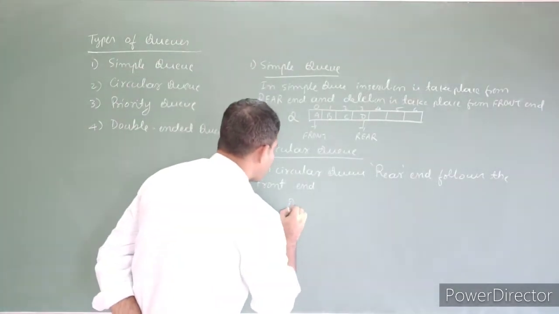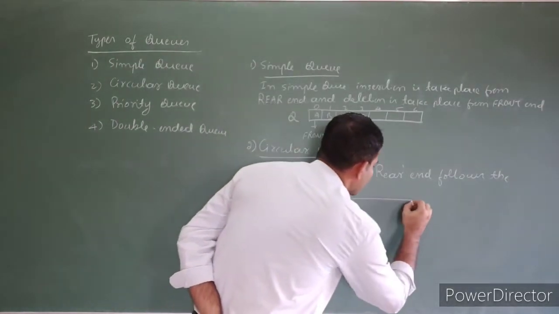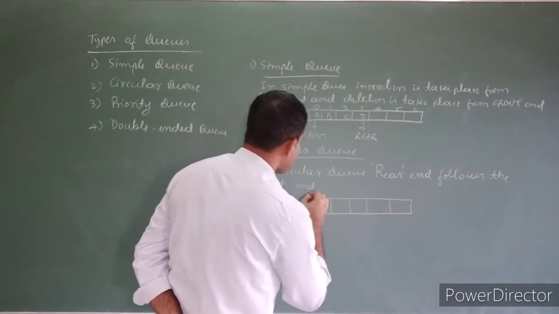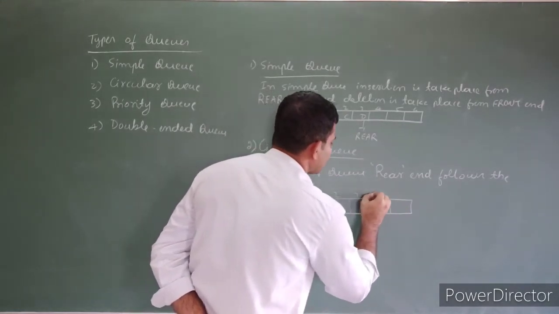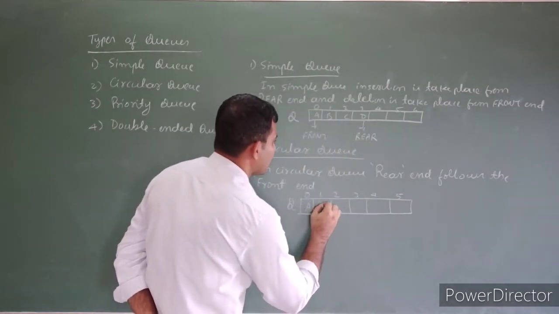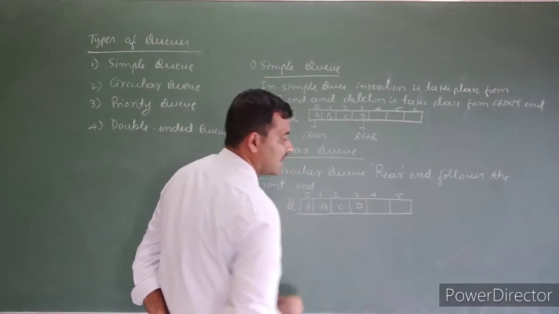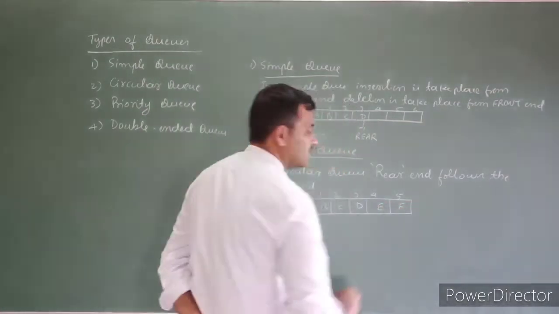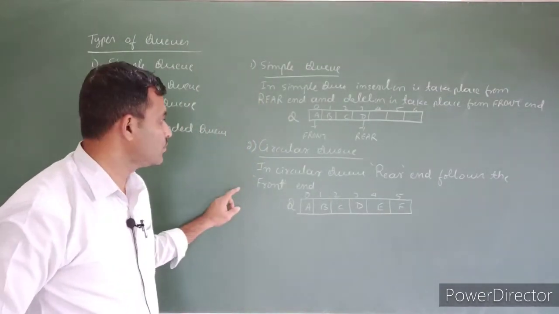See the diagram. Again, queue is an array, having n number of elements. 0, 1, 2, 3, 4, 5 are the index values. A, B, C, D, E, F are the items. What is the meaning of circular queue?